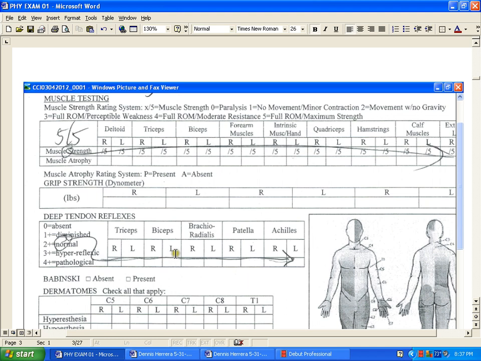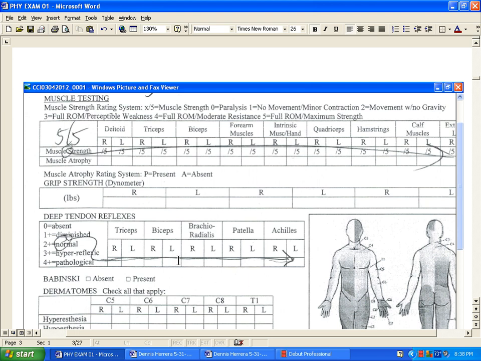Okay, and also another thing, when we type up the past medical history, there might be other things on there, such as the patient had surgery, if he's taking medication, allergies to certain things.